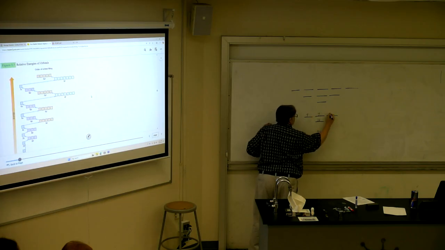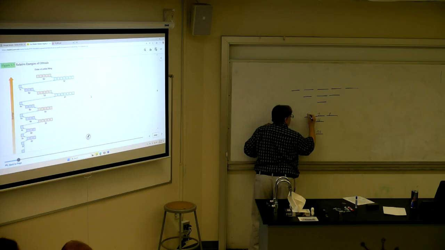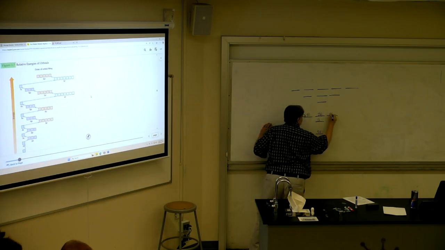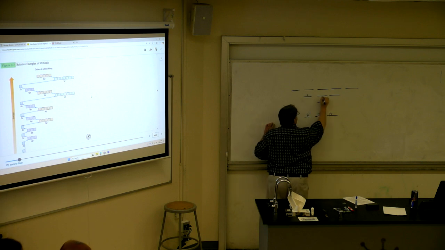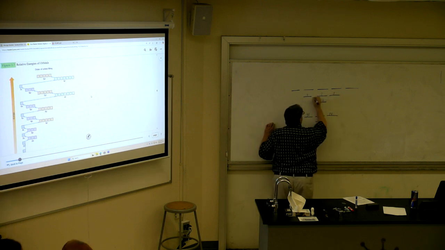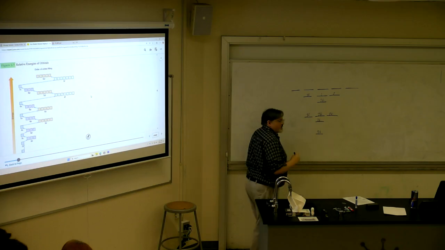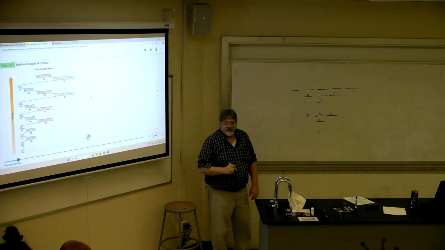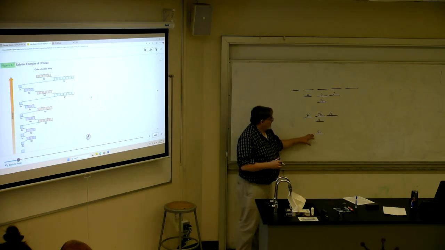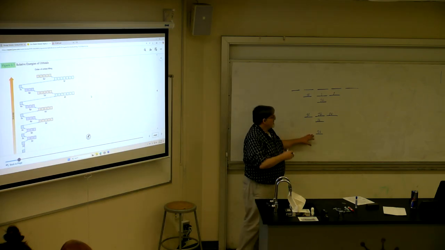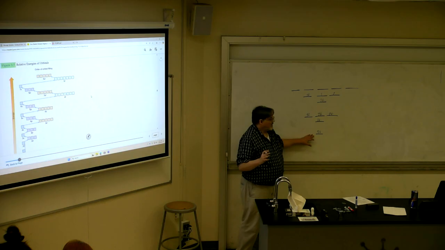Neutral atom, 16. This is what you do. 1, 2, 3, 4, 5, 6, 7. Do these individually and then fill them back. 8, 9, 10, 11, 12, 13, 14, 15, 16. That's the electron configuration of sulfur.